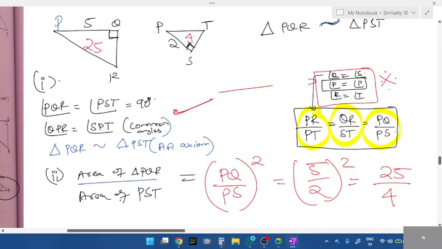So, we don't need this area, students. I'll tell you how to get the quadrilateral. First, complete this. All of you complete it.